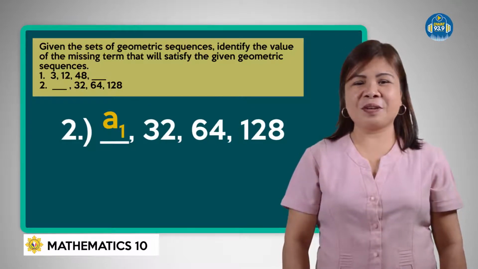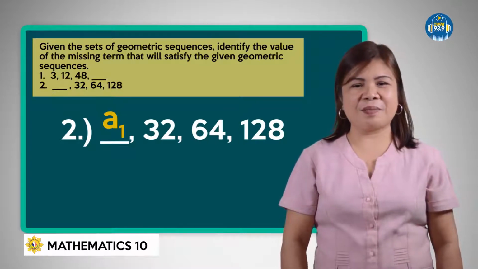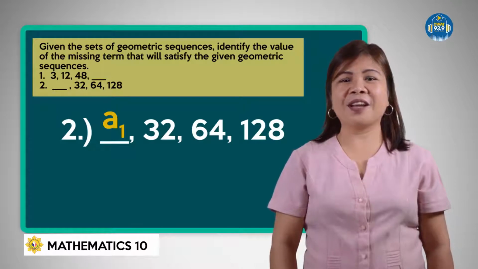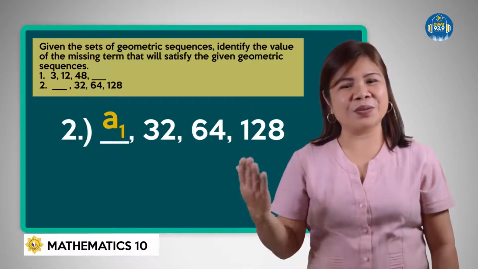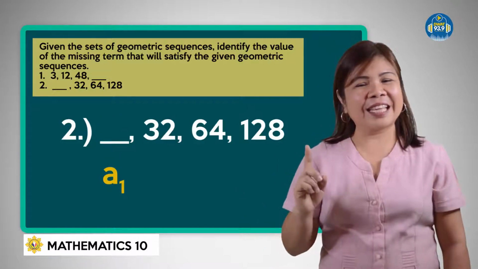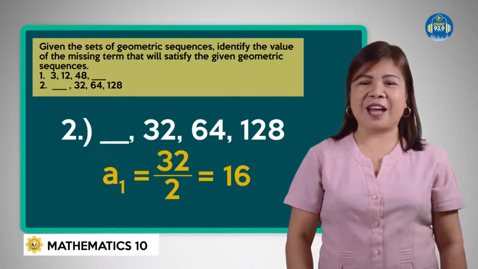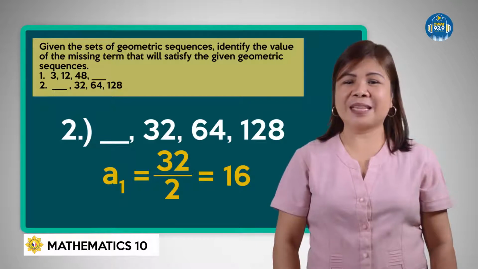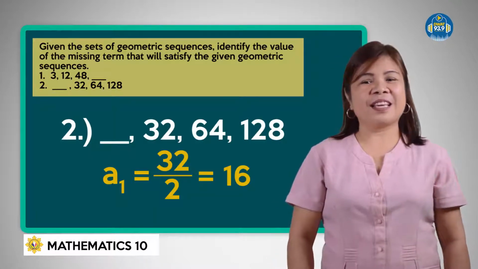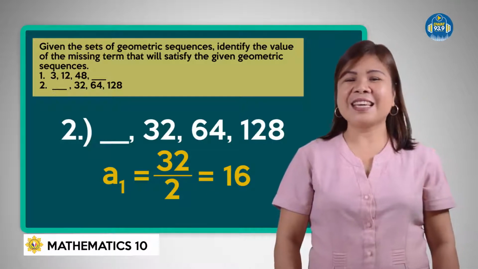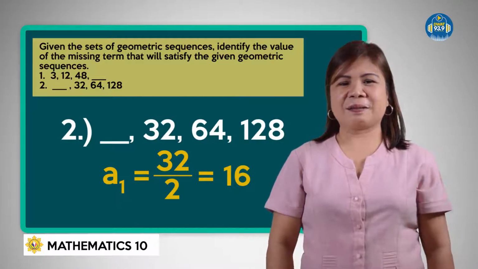The missing term is a preceding term and comes before 32. The common ratio is 2. To obtain the missing term, divide 32 by 2. Therefore, the missing term in the geometric sequence is 16.